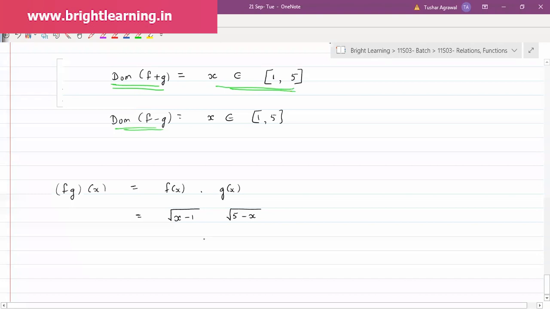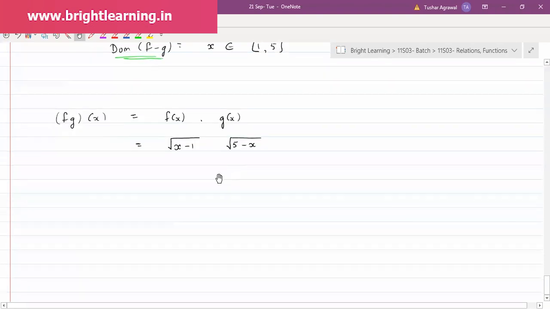So both my square roots should be defined. x should belong to 1 to 5. The first square root will be defined only if x is greater than or equal to 1, and the second will be defined only if x is less than or equal to 5. The answer should be everything from 1 to 5.